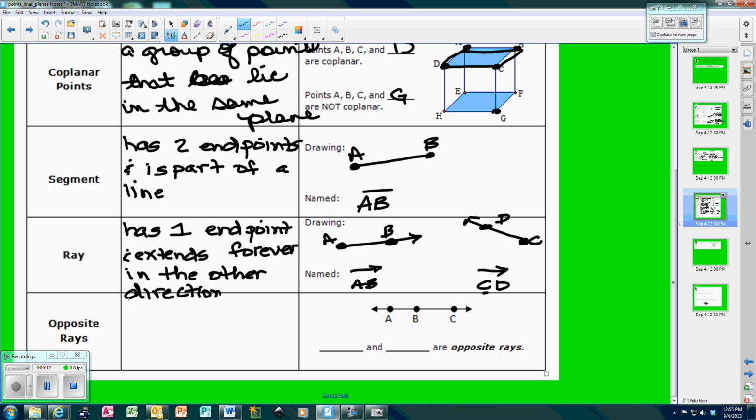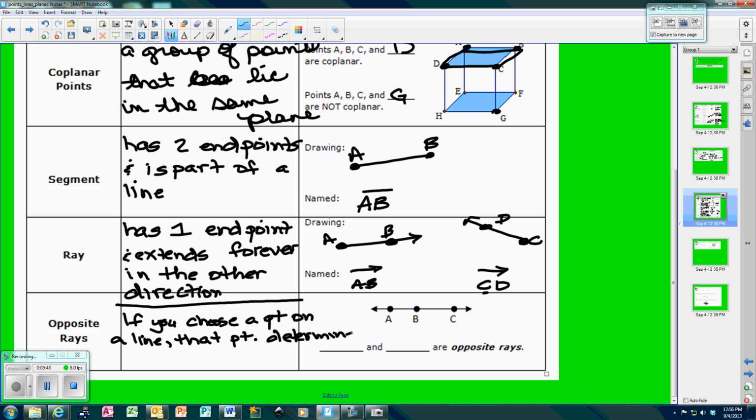Opposite rays: if you choose a point on a line, that point determines exactly 2 rays.